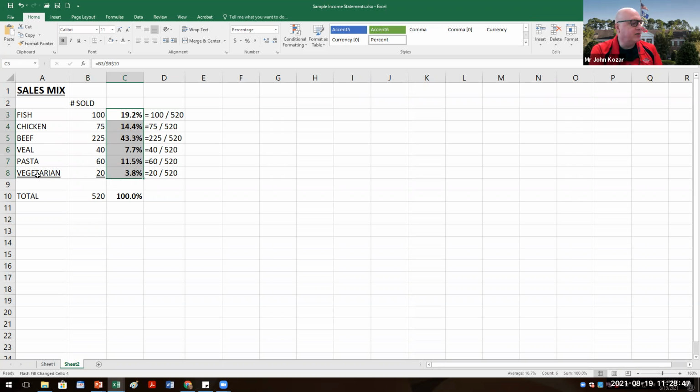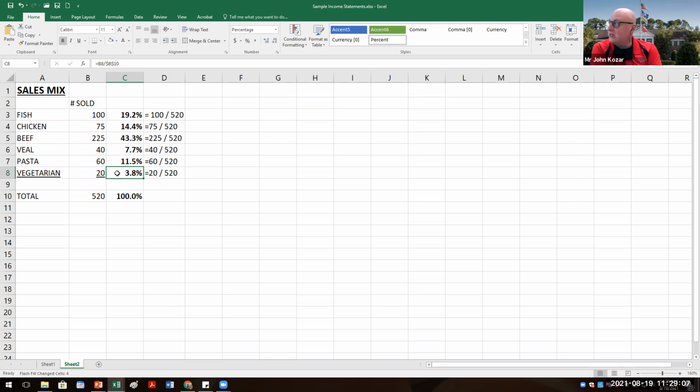So let's look at the vegetarian plate. If this is for a week, we sold 3.8% of the plates as the vegetarian. And it could be that we don't have a whole lot of vegetarians coming into our restaurant.